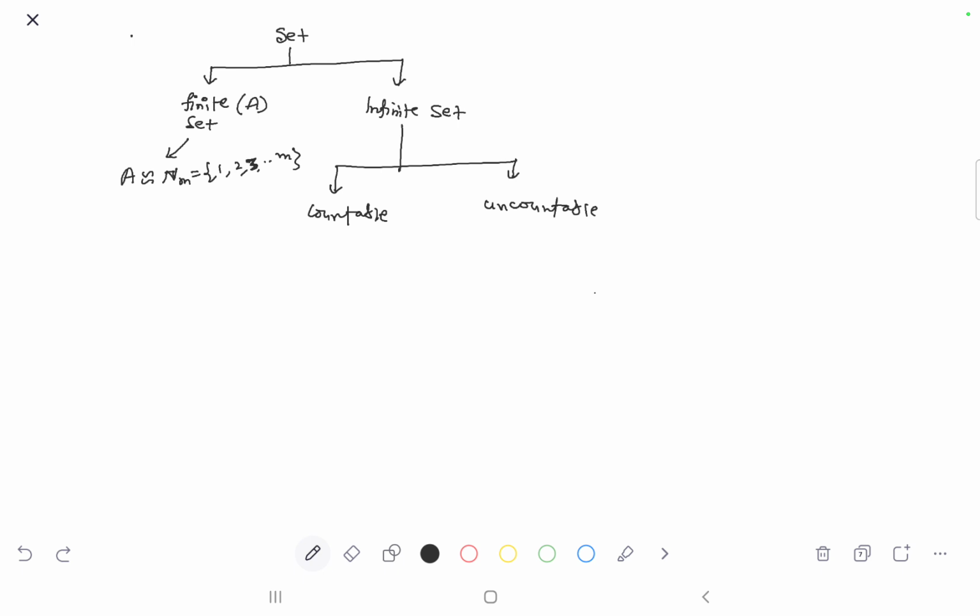So let me check the countable part they add. Let's check.